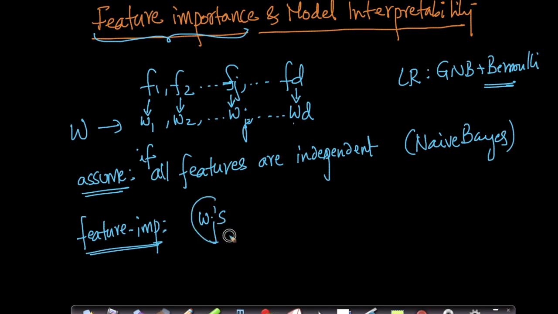In the real world, it's not easy for that to really happen. But if it is so, I can tell you which feature is more important in determining my class label just by looking at the weight vector, without doing anything else.